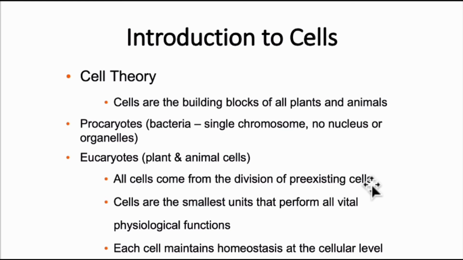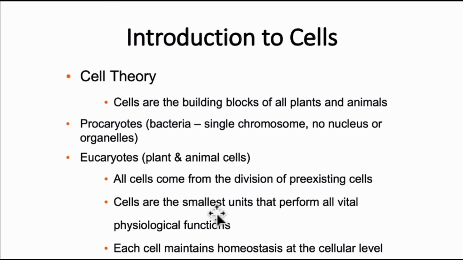Cells don't just come out of nothing. They need to come from something, and that something happens to be another cell. They said that cells are the smallest unit that perform all the physiological functions of an organism, and that each cell maintains homeostasis at the cellular level. This is what they proposed as the cell theory.